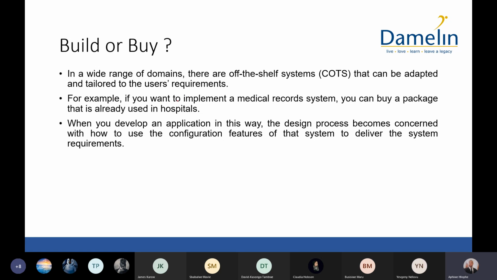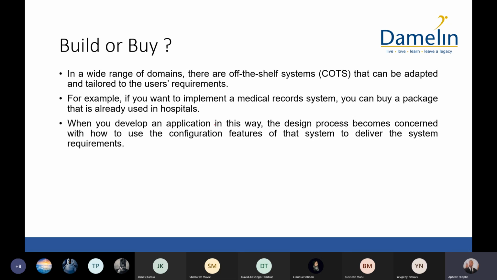For example, if you want to implement a medical record system, you can buy a package that is already used in hospitals. So if you are a hospital, there's probably other hospitals out there that already implement a similar system that you require. So you can either reuse some of their components or buy the entire package that already exists.